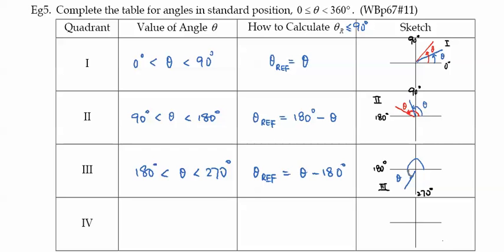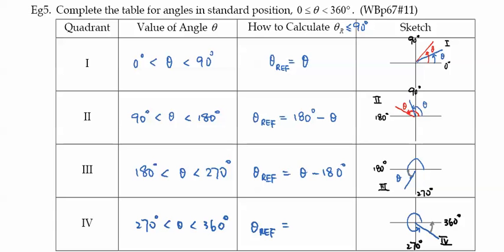And finally, quadrant number 4. This will give us angles anywhere between 270 and 360. And this time the reference angle in this quadrant will now be the one between the terminal arm and the x-axis again.